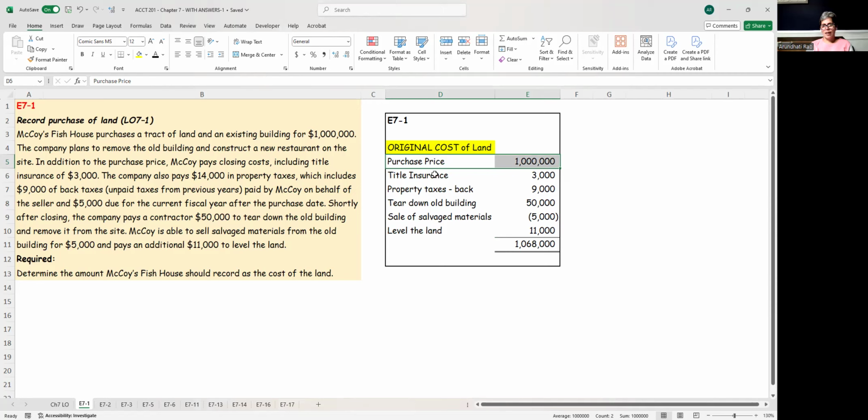That's the starting point. And then you have to decide what else was necessary for me to incur in order to bring this asset to its intended use. Any one-time expense that I incurred over here, I will include those over here. So once again, the cost of land, this is going to sit in my balance sheet. The property tax expense for the current year, that goes into the income statement.